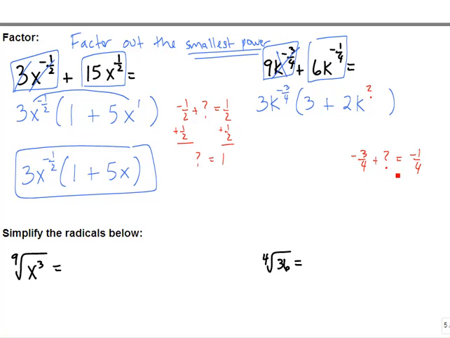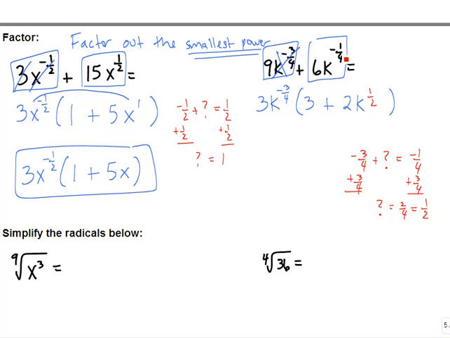If you can't do that in your head, then just treat it like an equation that you would solve. For the question mark here, I would add 3/4 to both sides. Negative 1/4 plus 3/4 is 2/4, which reduces to a 1/2. So the missing power is a 1/2 power. So negative 3/4 plus a half gets me back to negative 1/4.